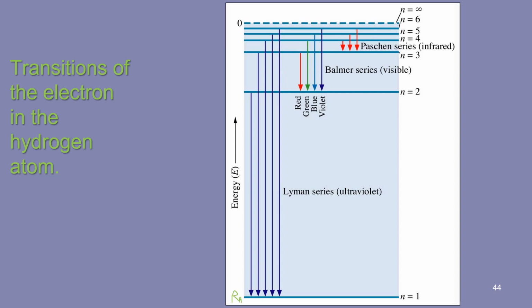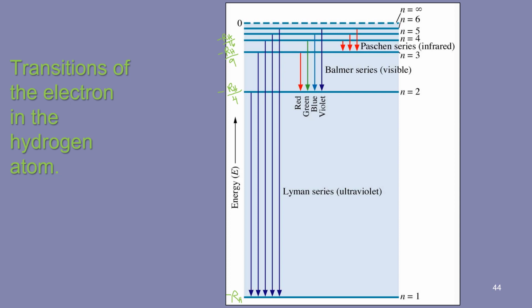If we put in R_H, we can see that n equals 1 is negative R_H, n equals 2 would be negative R_H over 4, this one is negative R_H over 9, 3 squared, negative R_H over 16. That's why these are getting closer and closer, because this number is getting bigger and bigger, but not proportionally.